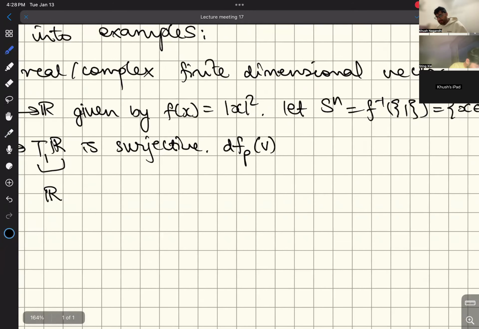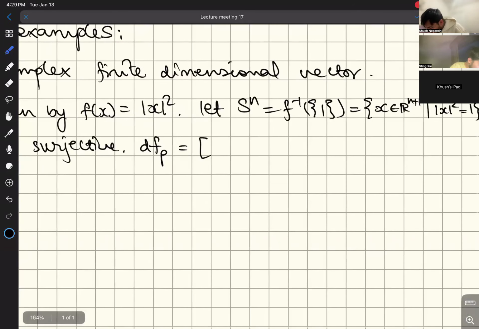You can now think of this in your regular way of taking derivatives, and we see that the differential at the point p of f is the linear functional (2p1, ..., 2pn+1). Okay.